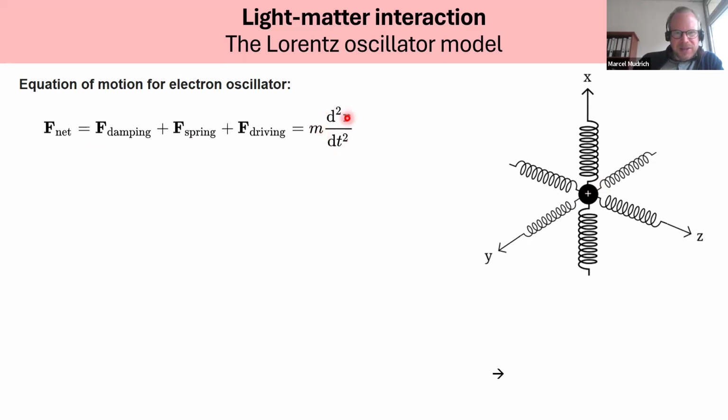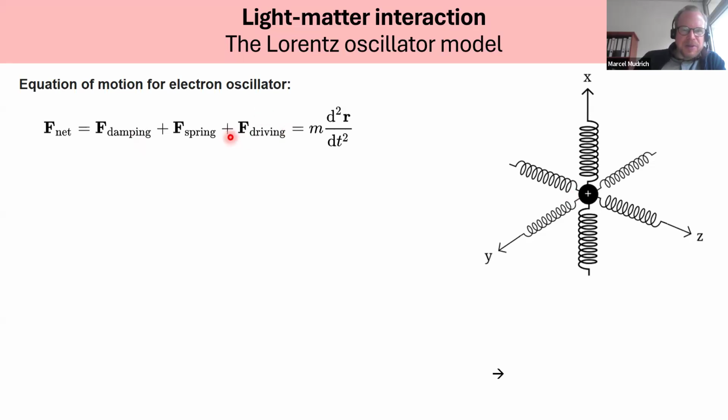Mass times acceleration equals forces. And so we have various forces here. We have a spring force, which is supposed to be just linear as a function of elongation. We have a damping force. This is to take into account that it's a charge in the end. The electron is a charge that, when it's accelerated, will emit radiation.